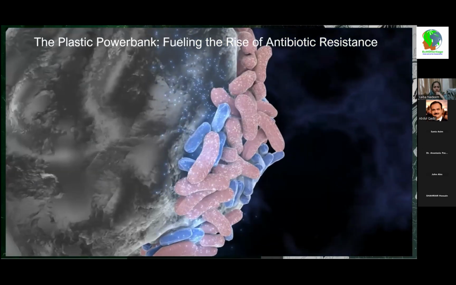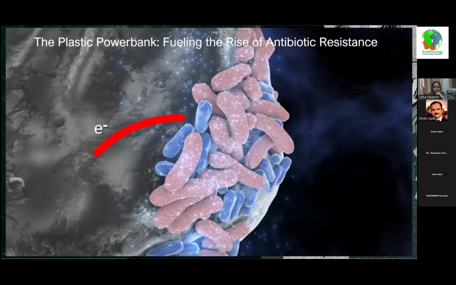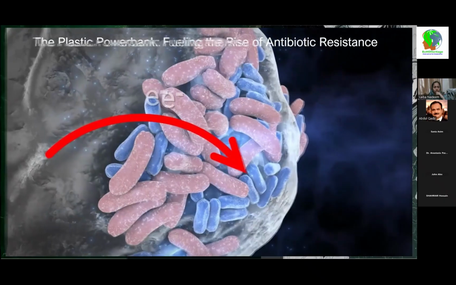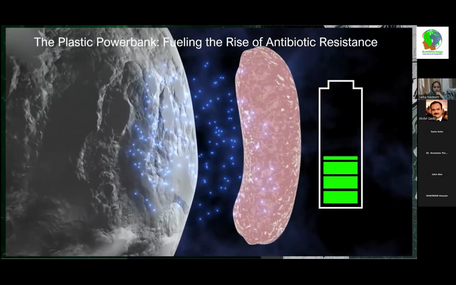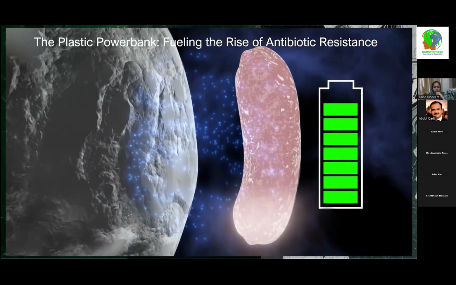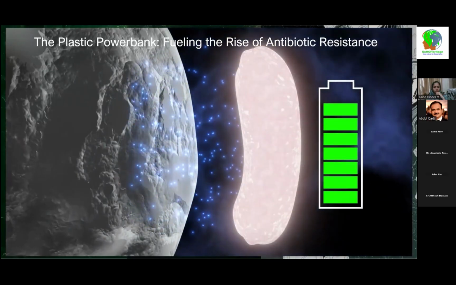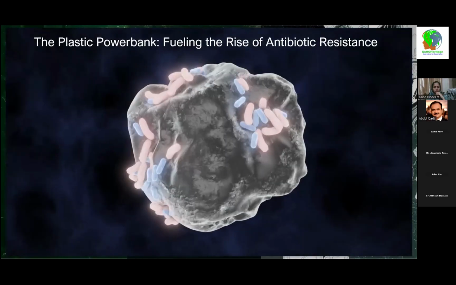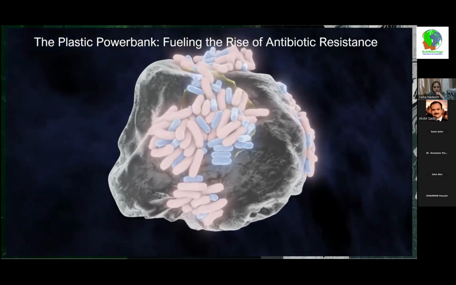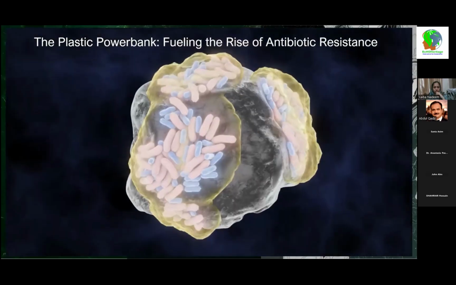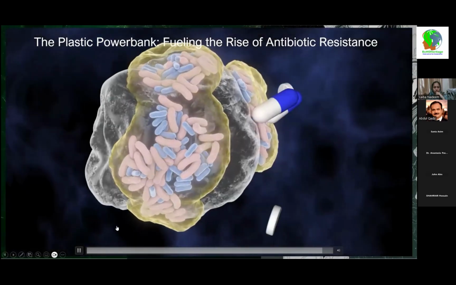Simply put, plastic particles can share electrons with bacteria, acting as a kind of power bank for them. This process is called extracellular electron transfer. It gives bacteria extra energy. First, it makes them stronger, helping them divide faster, mutate, and build especially tough multi-layered biofilms, keeping antibiotics from penetrating inside.